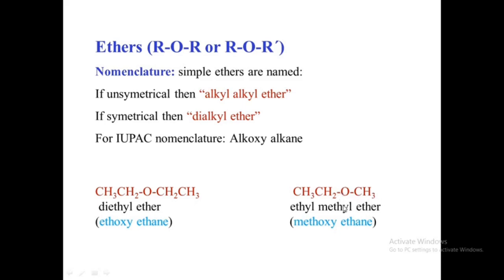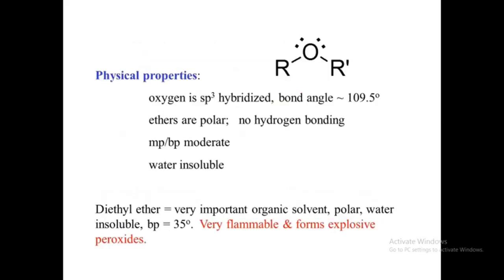When we consider an alkane having one carbon, the alkane is methane, but in this case we are considering it along with the oxygen, therefore the name is methoxy, and then the alkane is ethane, since two carbon atoms are present. So we have learned how ethers are named, both their common names and their IUPAC names.